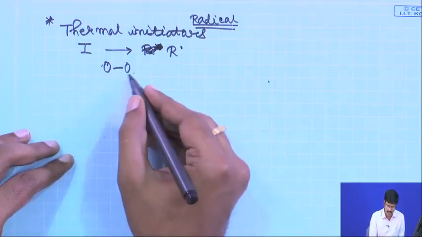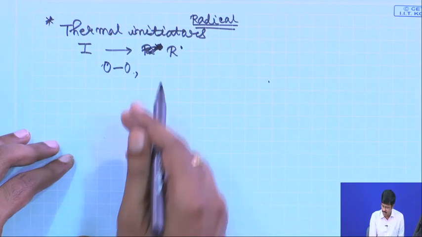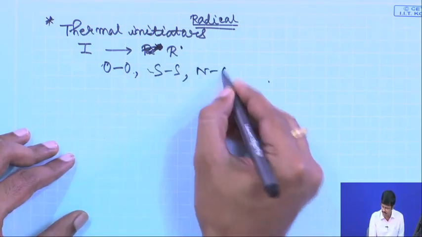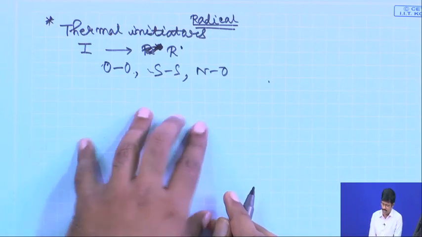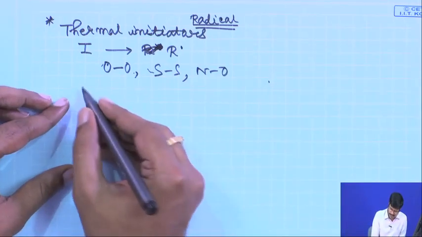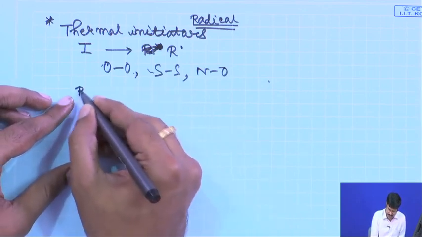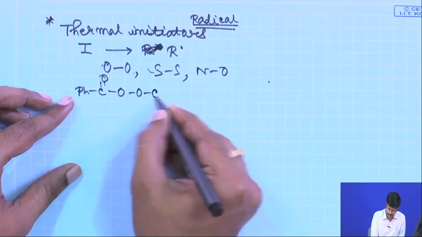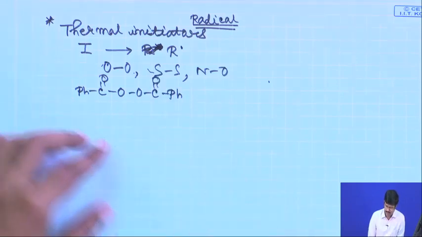will be like peroxo linkages, or you can have linkages like sulfur or nitrogen oxygen, those kind of linkages you can have. And so, let us say you can have a peroxide like this, okay.